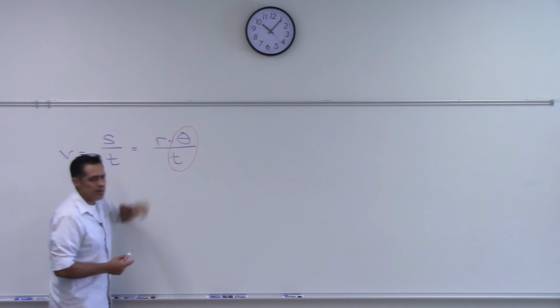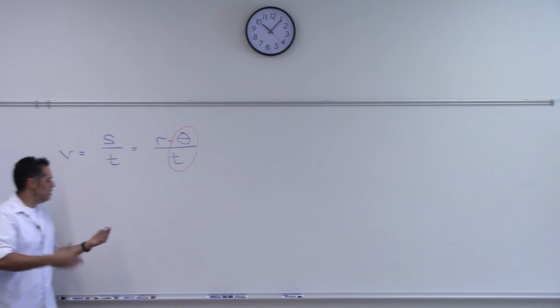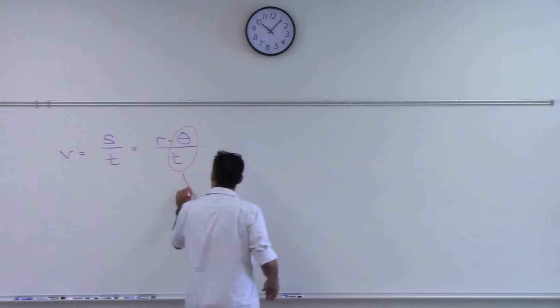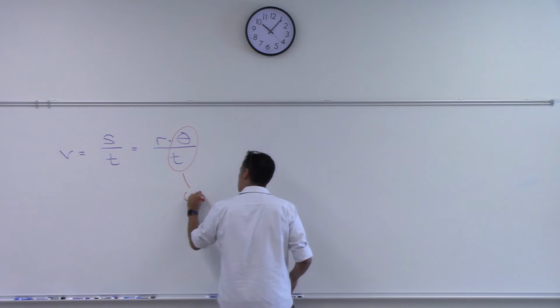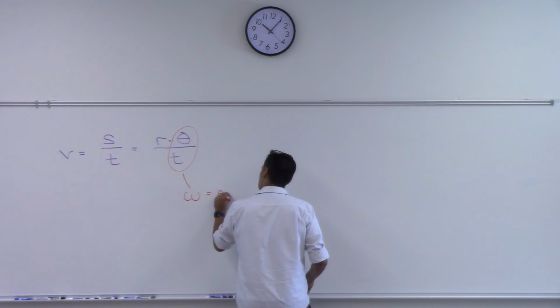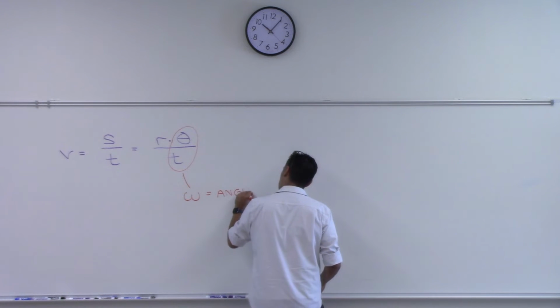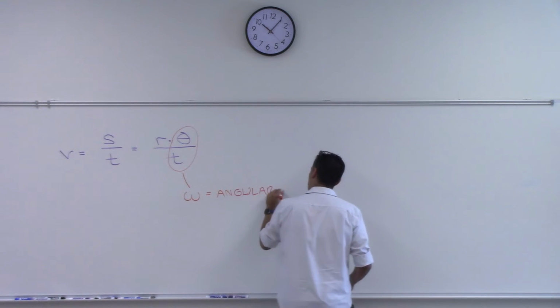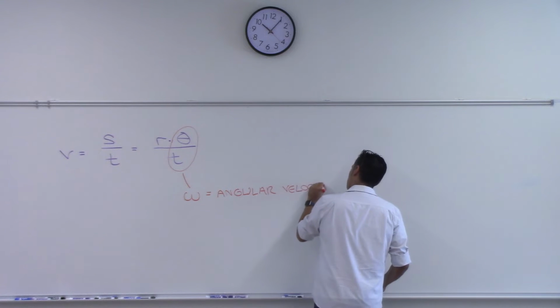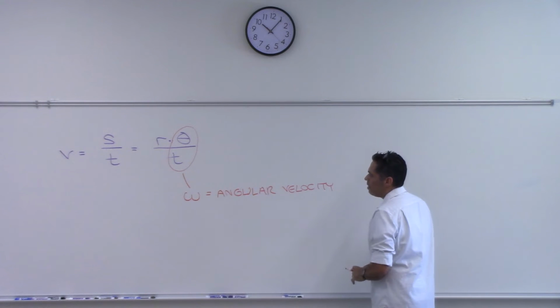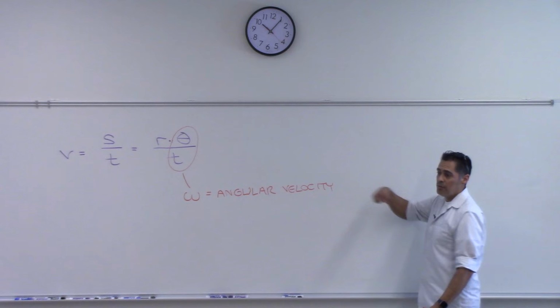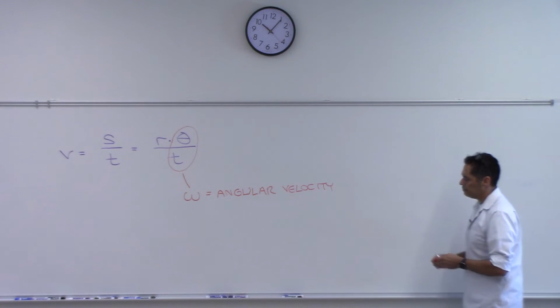This piece right here is used so frequently that we give it a name. It's called omega, and it's called the angular velocity. All it is is the angle you turn through divided by the time.